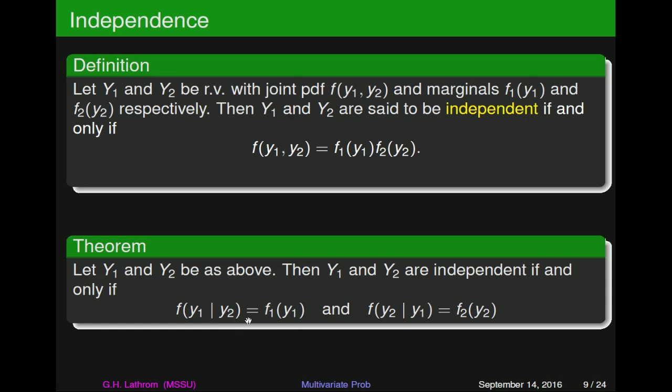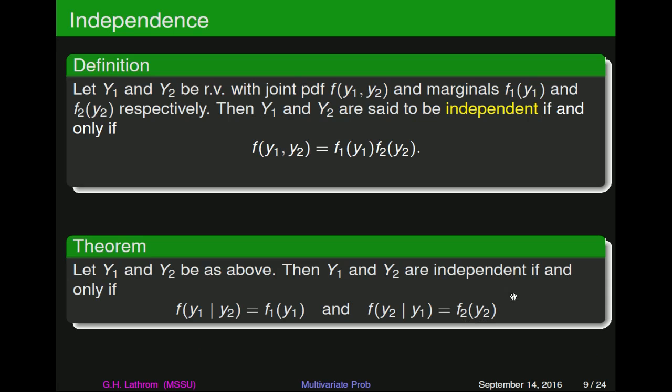This is saying that if we pick a value for y sub 2, it doesn't matter what value we pick, we're still going to get the same function back. The density for y sub 1 is independent of the value that we chose for y sub 2. Likewise, if we hold y sub 1 constant, it doesn't matter what value we choose; the conditional probability is just equal to that marginal probability function.